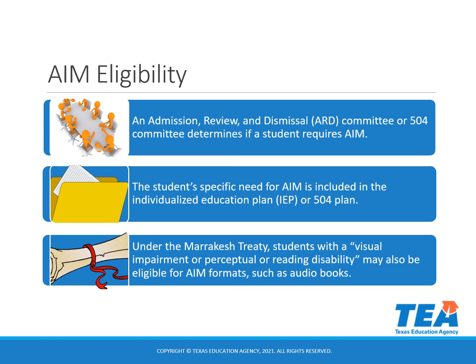The Marrakesh Treaty Implementation Act of 2018 slightly changed the definition of an eligible person to someone who has a visual impairment or a perceptual or reading disability. This does have some implications for students diagnosed with a reading deficit other than dyslexia, and they may be eligible for receiving the content in an accessible format, such as an audiobook.